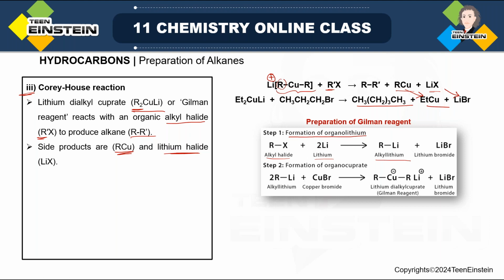Organo means the alkyl part, we call it organo because it is the organic part, and lithium, RLi. Now this RLi will next react with this salt which is copper bromide, and you will finally get the Gilman reagent, which we also call lithium dialkyl cuprate. So overall charge is negative, which is balanced by this lithium plus.